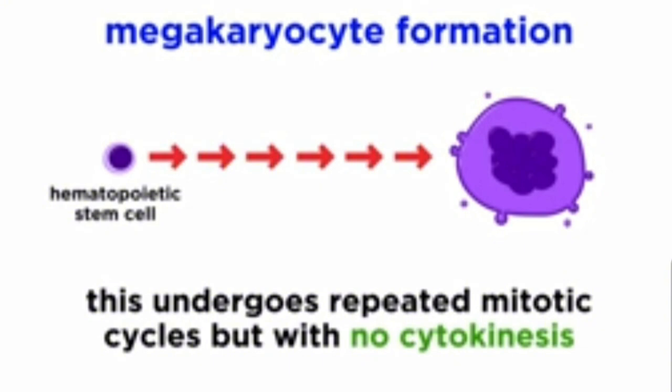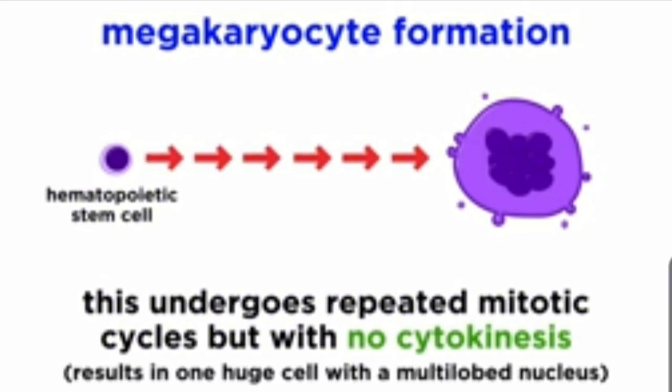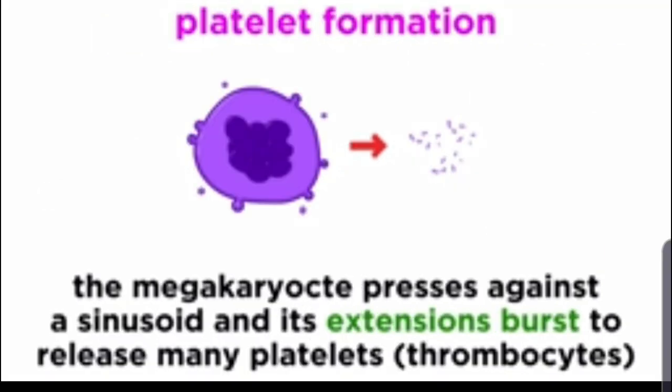Megakaryocytes form during repeated mitotic cycles that do not perform cytokinesis. So the result is one huge cell with a multilobed nucleus. This then pushes against a sinusoid and its extensions burst to release the platelets.